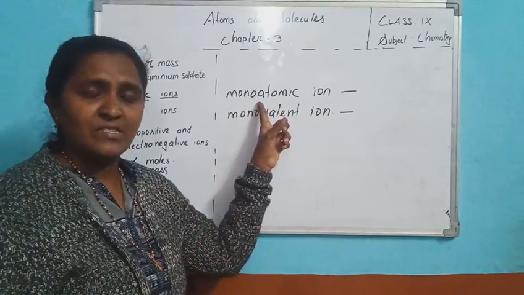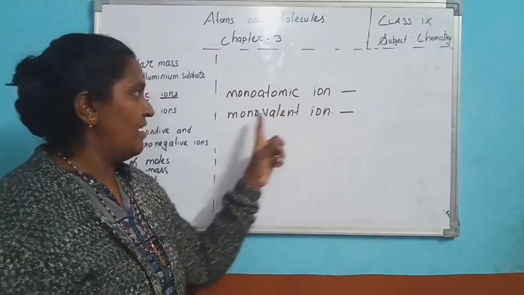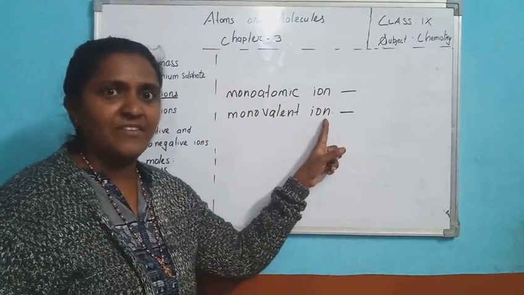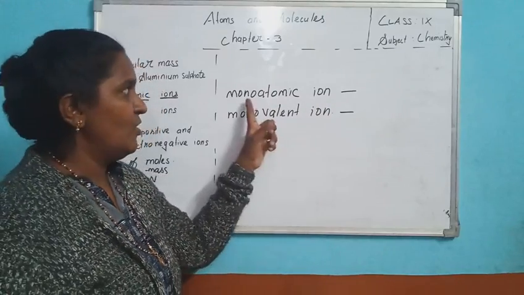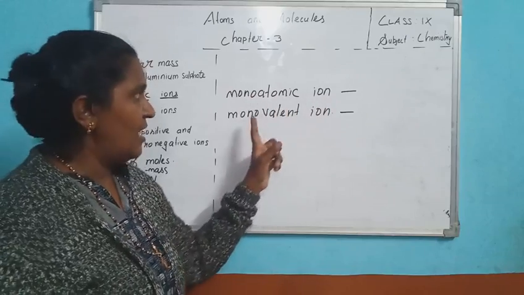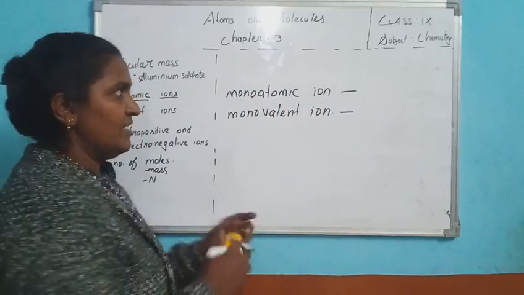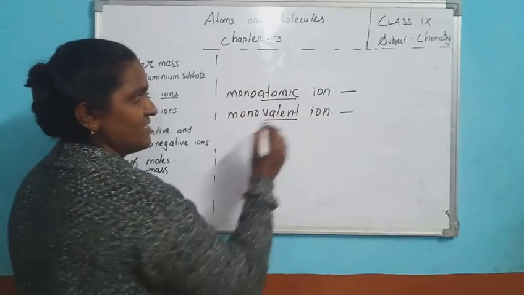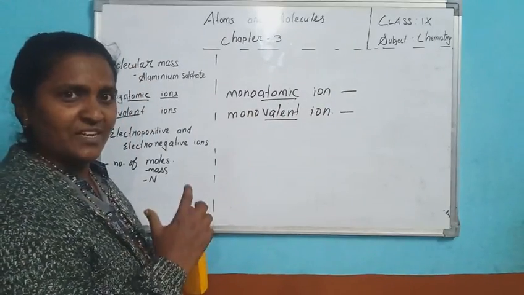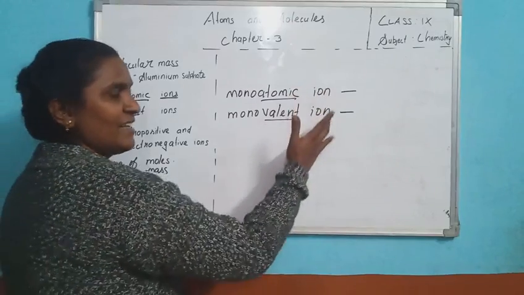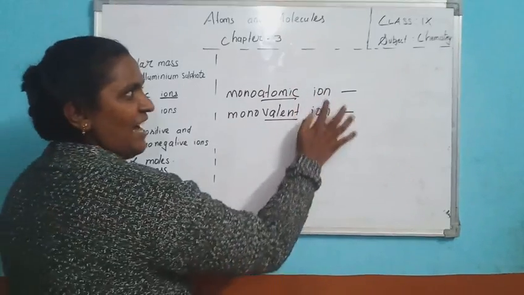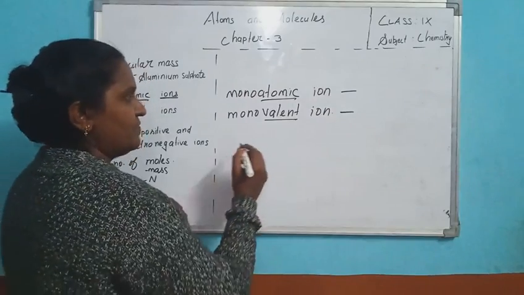Now what is monoatomic ion and monovalent ion? We will see the difference between them. Here atomic, here valent. What is the difference? Both are carrying charge, and the result is called ion. I will tell you.